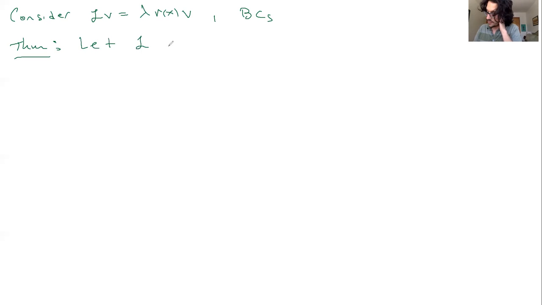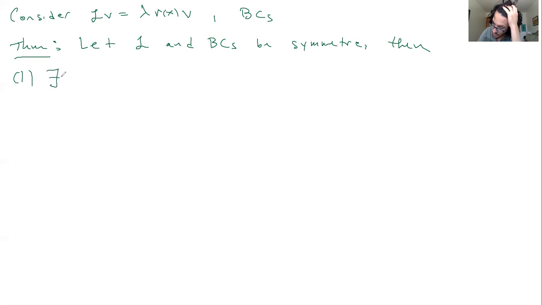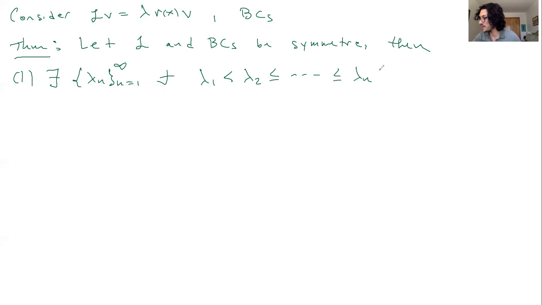So let's say we have L and boundary conditions symmetric. Then it turns out the following things are true. These are going to be stronger conditions than we talked about before, and I'll just refer you to a proof in a supplemental text, Strauss, which I've put on Canvas. So there exists an infinite set of eigenvalues such that the one closest to 0 is simple.